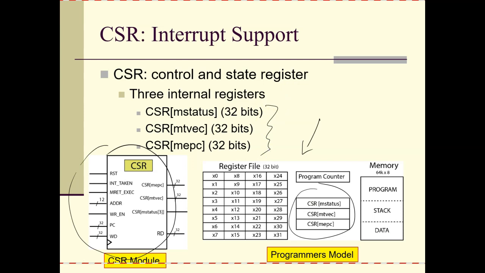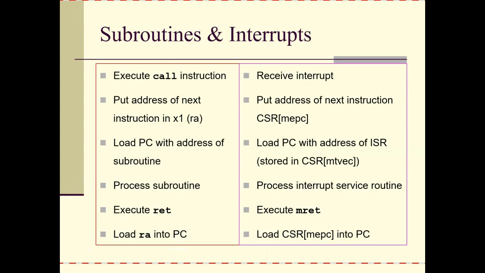So inside the CSR, there are three 32-bit registers, and we indicate that inside the programmer's model. And as it implies there, we have the ability to write data to these registers. You'll see that come up next too.